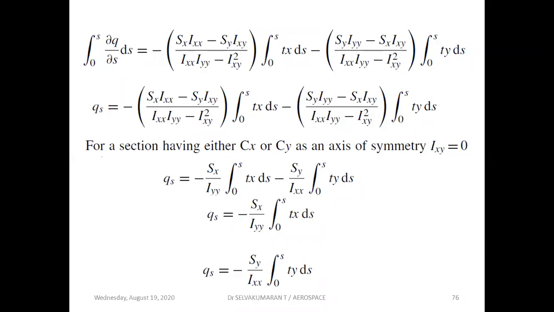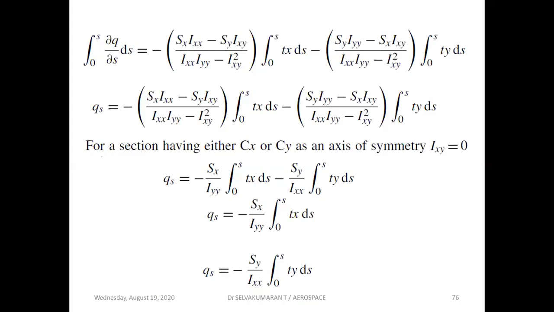If a section is symmetric about the y-axis, you have to consider Sx alone, and Sy is 0. Even if you keep Sy as it is, while taking moments for finding the shear center location, Sy will get cancelled. I will tell you later while solving the problems. We don't require Sy at all.